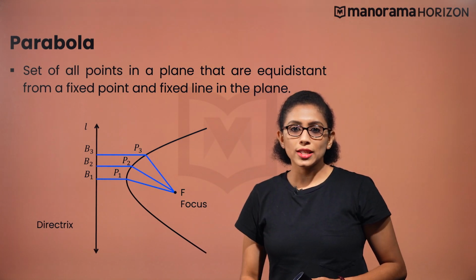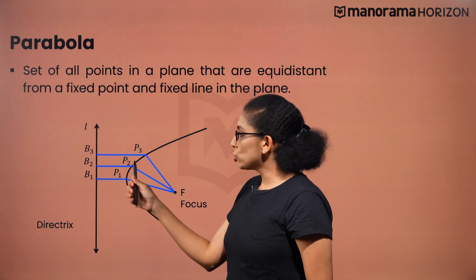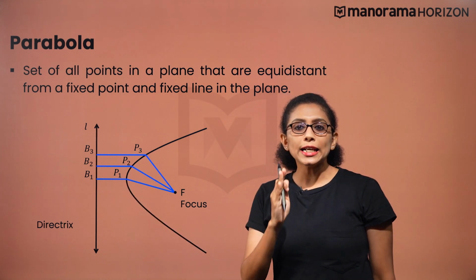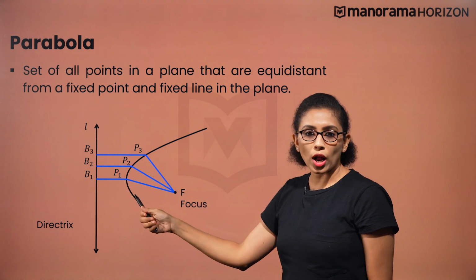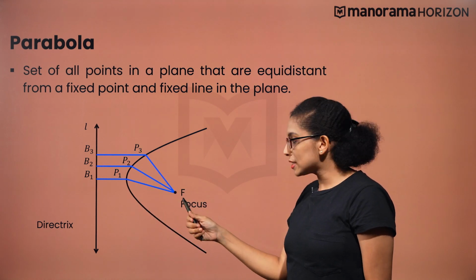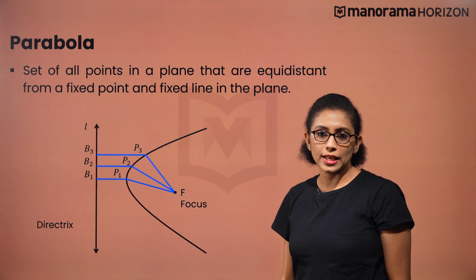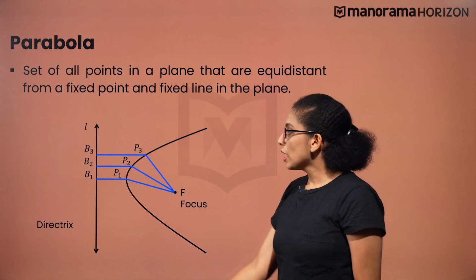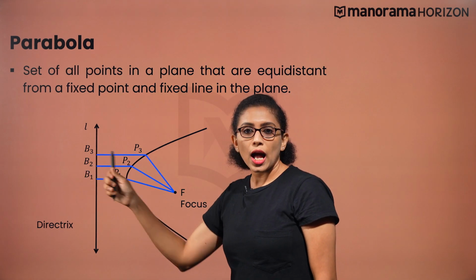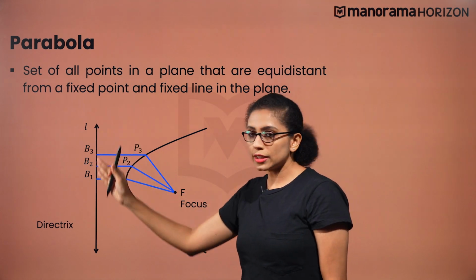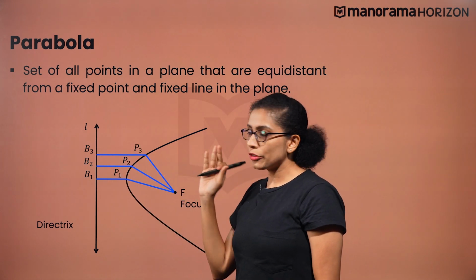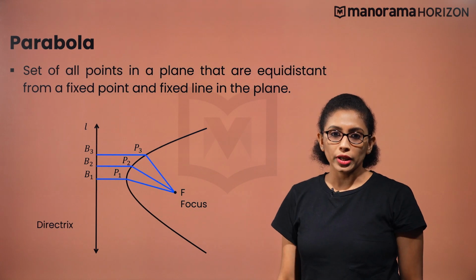Here we can notice that P1, P2, P3 are three different points on the parabola which are at the same distance from the fixed point F. Similarly, B1, B2, B3 are the points on the fixed line which are equidistant from P1, P2 and P3.